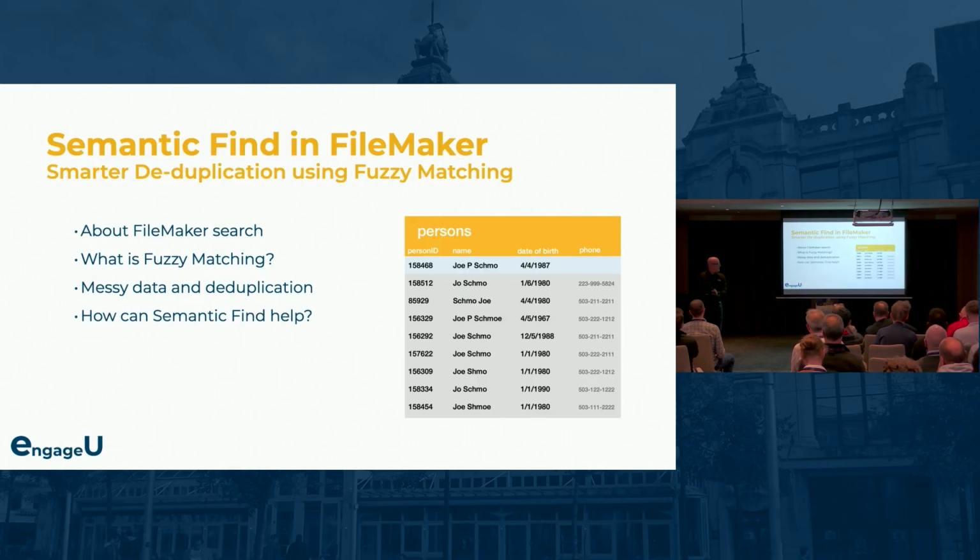I'm going to go over exactly how Semantic Find can help improve that kind of searching. I'm going to talk about some specific ways you can apply this to your system. And then hopefully we'll have time, I'll demo a working model of this that I put together. And it's actually pretty cool the way it works.